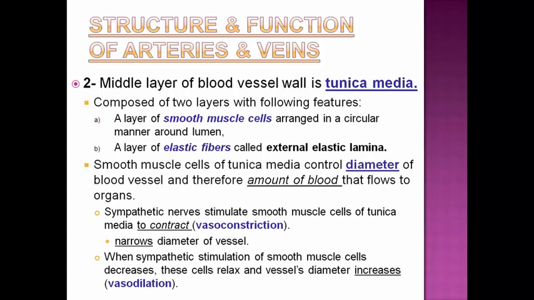The tunica media is able to vasoconstrict, or contract, and that narrows the lumen and the diameter of the vessel. When sympathetic stimulation to the smooth muscles decreases, they relax, and that allows the diameter to increase, which we call vasodilation.